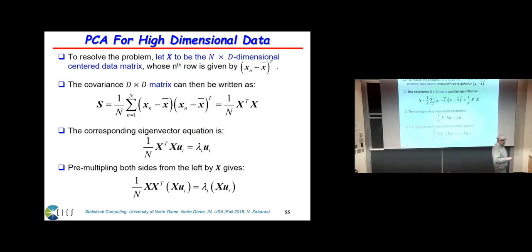There are lots of tricks, by the way. That's why these methods are so powerful and used everywhere. I'm going to tell you one of the tricks. If you form the sample covariance matrix in this case, it has dimensionality d by d.